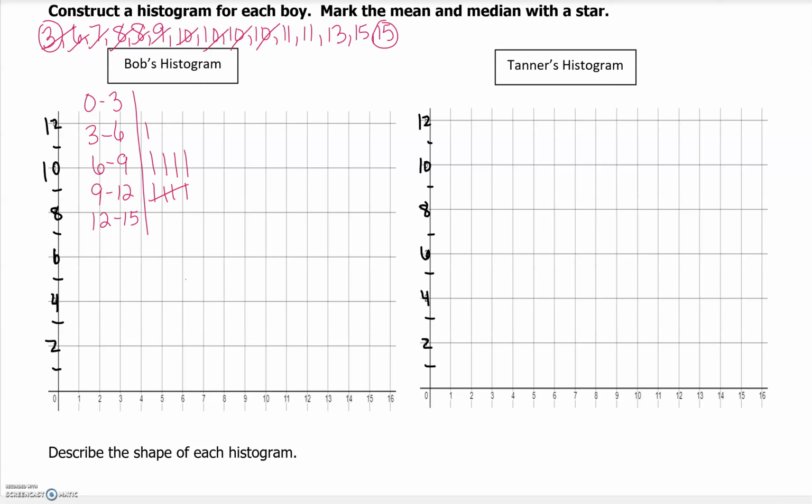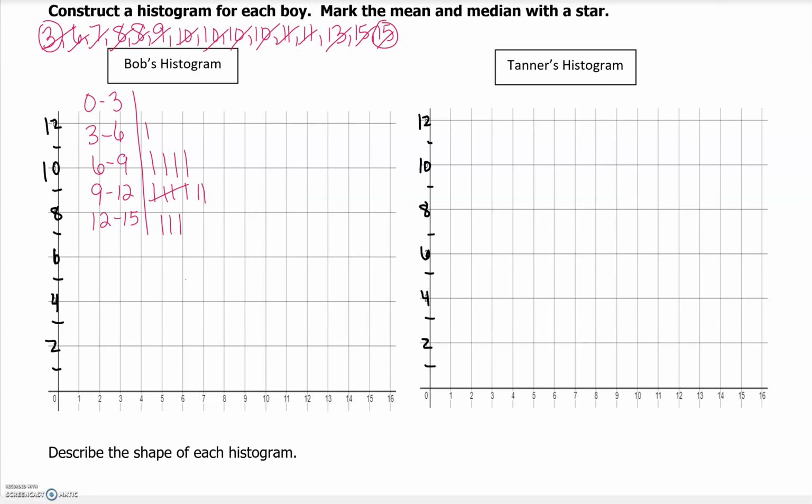I have next 2 11s, so that's another 2 tally marks in group 9 through 12. 13, a 15, and a 15. So I'll put 3 tally marks in group 12 through 15.